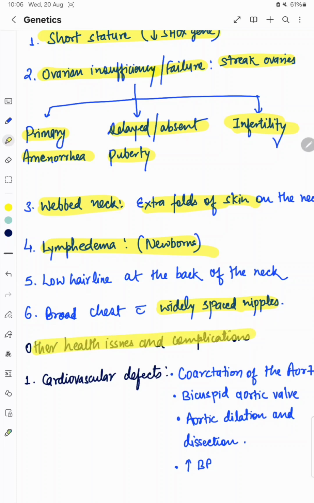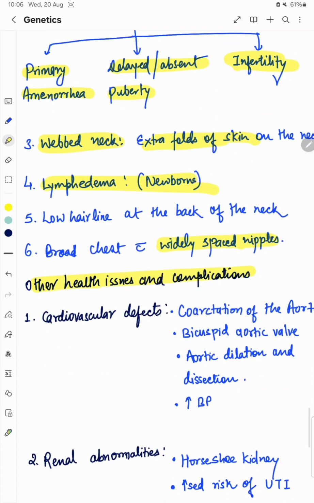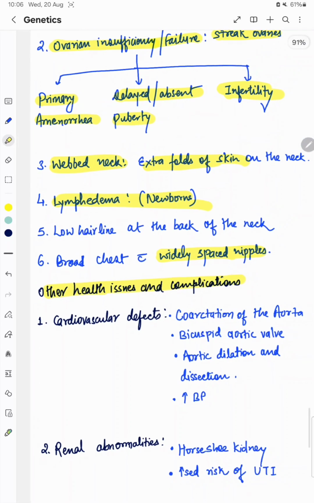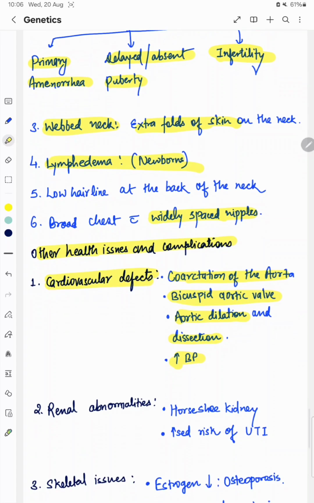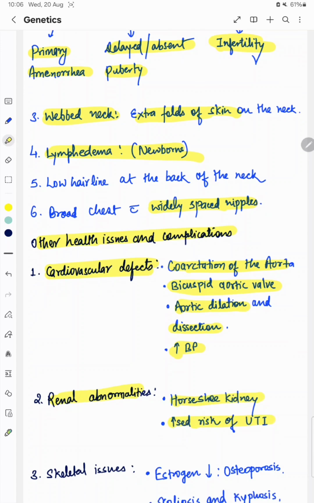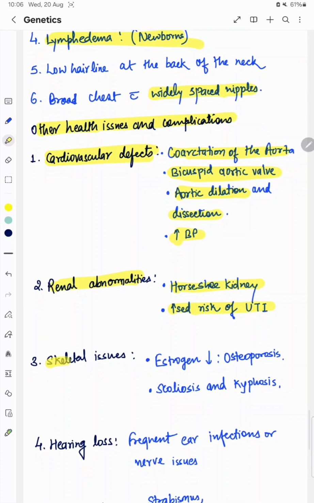Other health issues and complications associated with Turner syndrome: cardiovascular defects, particularly coarctation of aorta, aortic dilation and dissection, hypertension, and bicuspid aortic valve. In renal abnormalities, horseshoe kidney and an increased risk of urinary tract infection.